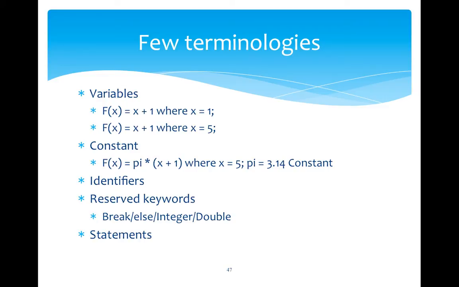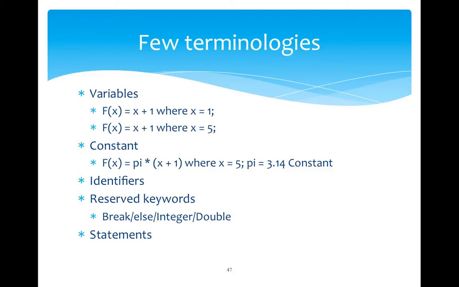So if you see a few common things here, when we pass something like x equals to 1, x equals to 5, those are called variables. Its value changes, and because of this change we call it a variable, because this can hold variable values, and based on that it returns something.